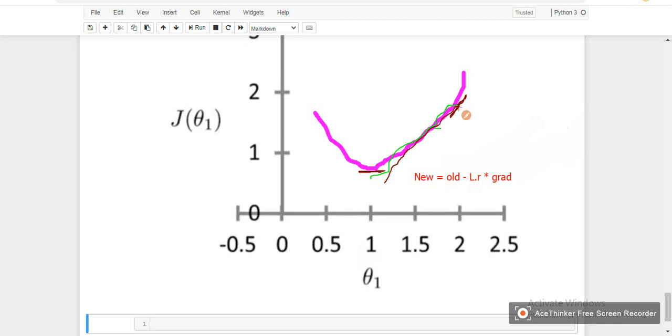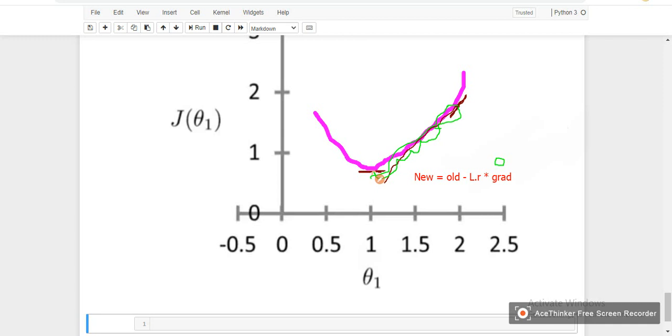Again applying this formula, it will come from here to here. If we repeat the same steps, it will automatically come to this minimum location, the minimum gradient. After obtaining it here, the gradient value will be equal to 0, so it won't change again, because the new value will always be the old value.